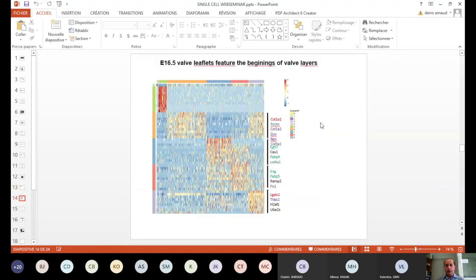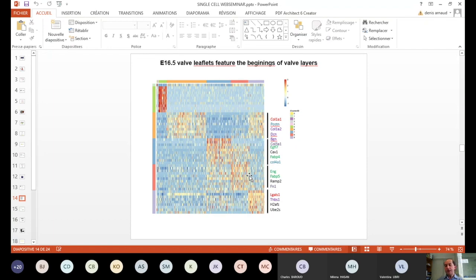So this is again a heat map of the E16.5 valve leaflets, which feature indeed the beginnings of valve layers, meaning that you see the different clusters here. These clusters show expression of genes which are more reminiscent of one of the layers, spongiosa, atrialis, and so on, enriched in specific extracellular matrix proteins.